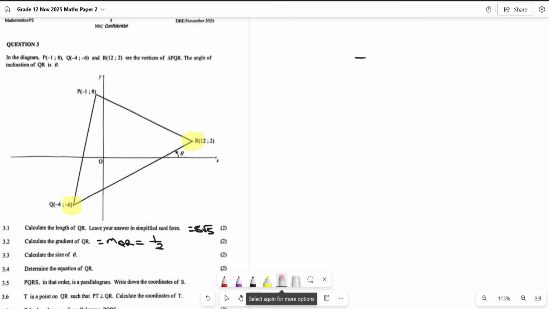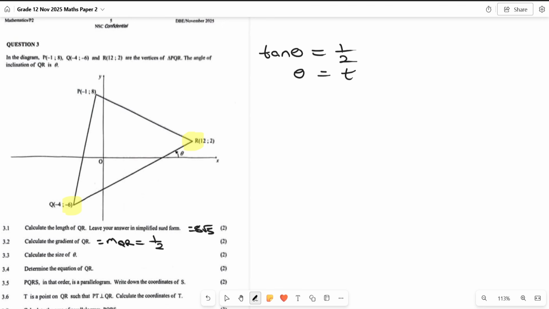So far, so good, right? I think anyone can say so. They want us to calculate the angle theta. So this is where theta is. Very easy. We just say tan theta is equal to 1 over 2. Therefore, theta is equal to shift tan, minus 1, and we put 1 over 2 there. Let's find out what theta is going to be equal to.